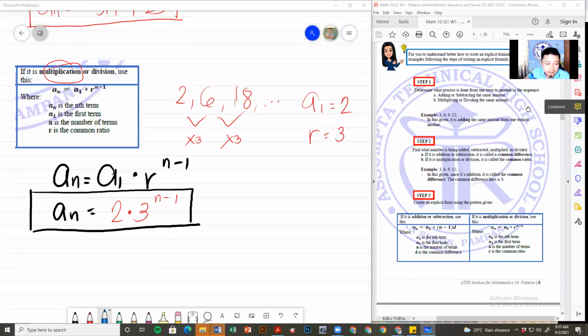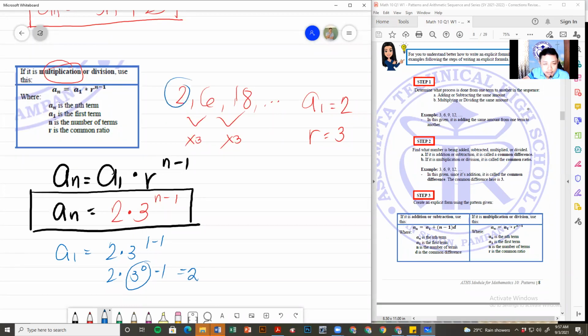Let's just have some examples. a sub 1 is equal to 2 times 3 raised to 1 minus 1. So that becomes 2 times 3 raised to 0. 3 raised to 0 is equal to 1. 2 times 1, that is 2. Can you follow?